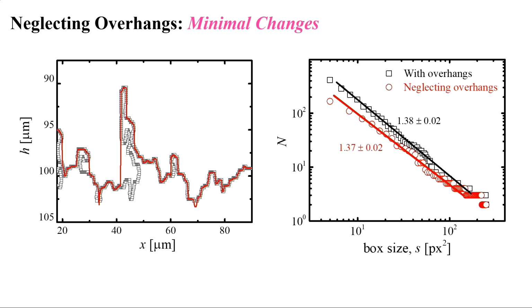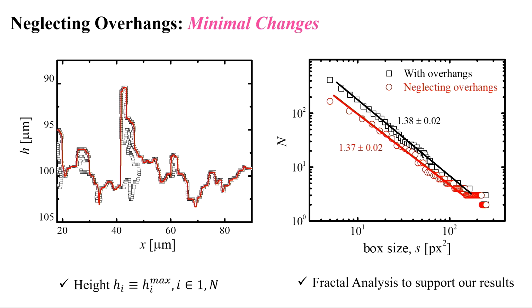Then we did a simple box counting method and tried to find out the dimension of this fractal object, and one can see that they come out pretty close. We have done it for different times and different species, and it's not changing much, and hence neglecting overhangs is not a very serious problem in our case, I presume, and that's how we go ahead. So I define height as the maximum at a given location, and as a function of time this evolves, and then to support this analysis, I also show in parallel the fractal analysis where I don't neglect the overhangs, right? So that's essentially the background.